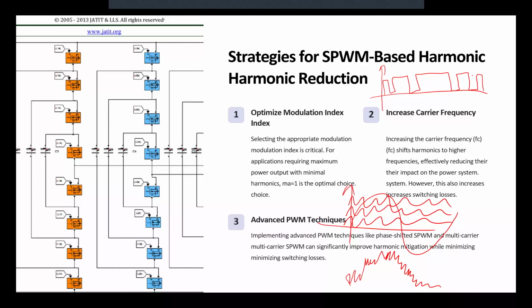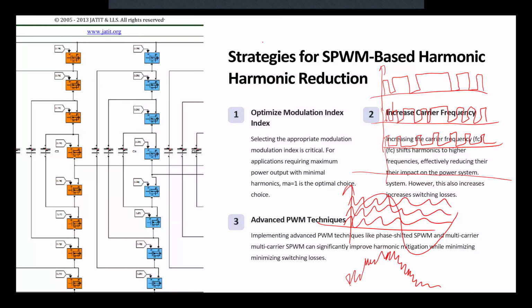Now, if you have multiple of these signals stacking on top of each other, like I have this, now I have another one, and another one. When I add them, put them in series, they are going to add to each other. So what's going to happen?